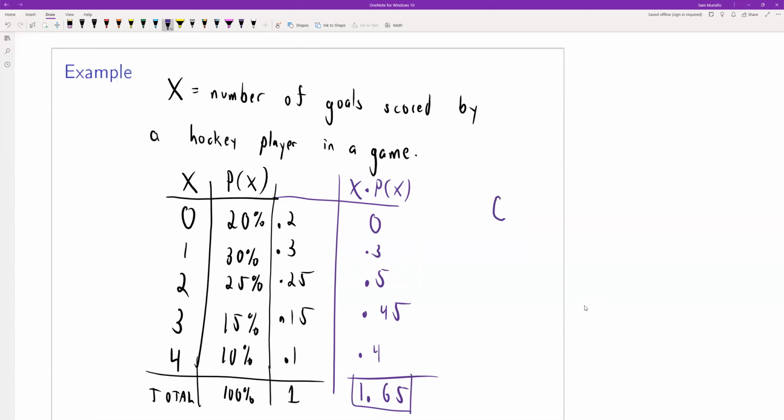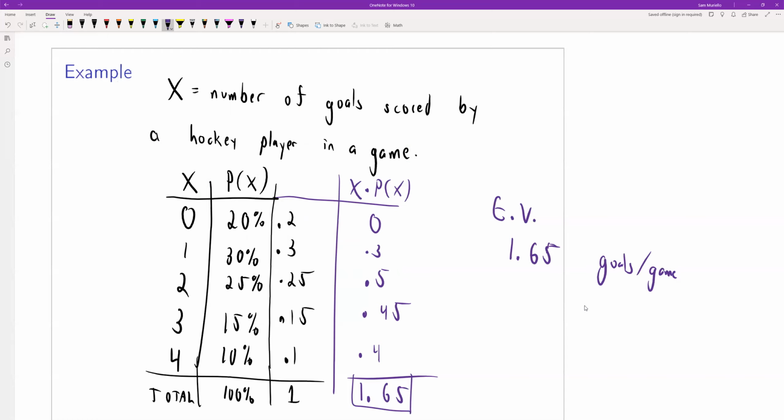Well, the expected value, or EV, for this hockey player is 1.65 goals per game. Now, of course, we won't say that in a certain game we expect them to get 1.65 goals. That doesn't make any sense.